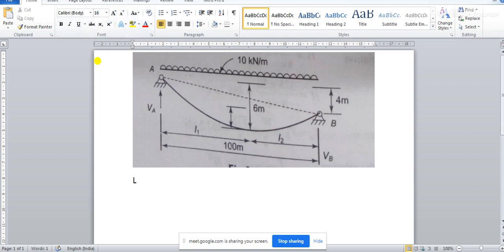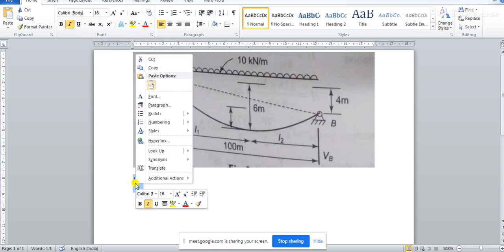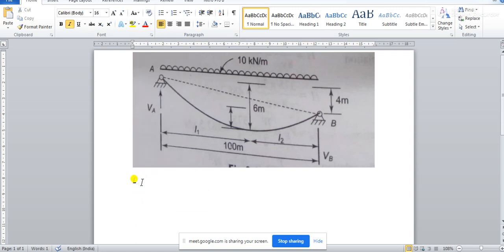L, rather I make it italic, and sorry, L is equal to how much? Tell me. 100 meter. Yes, so L is equal to 100 meters.